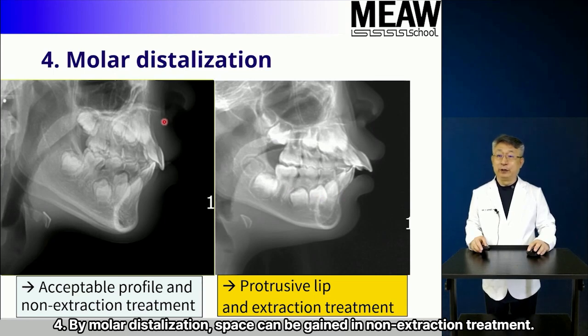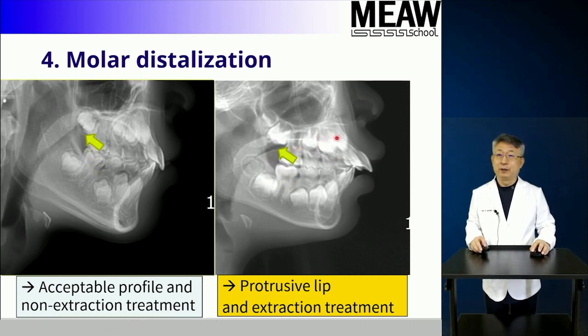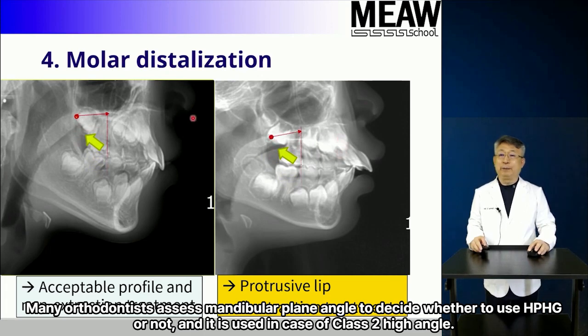4. By molar distalization, space can be gained in non-extraction treatment. However, if premolars are extracted, there is no need to use HPHG. Many orthodontists assess the mandibular plane angle to decide whether to use HPHG or not, and it is used in case of Class II high angle.